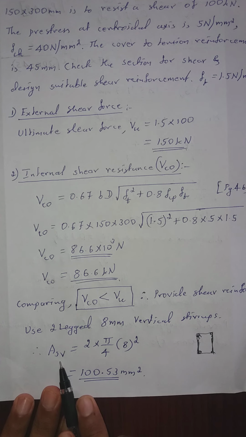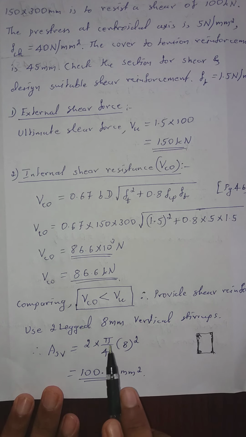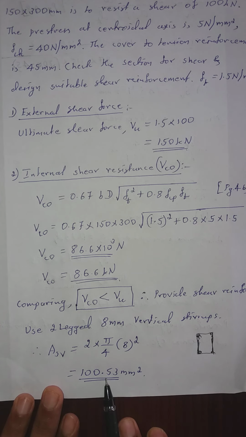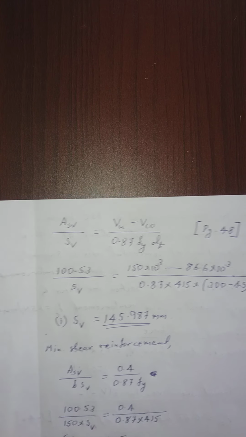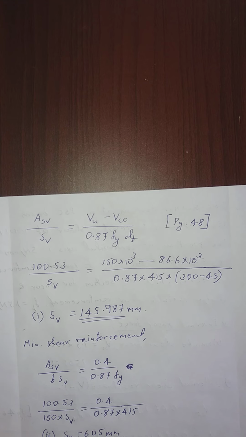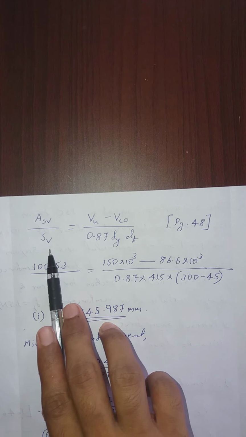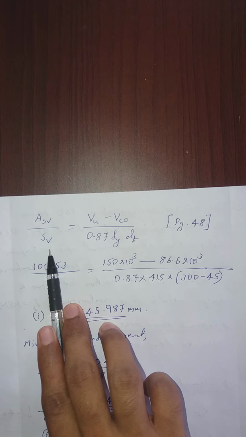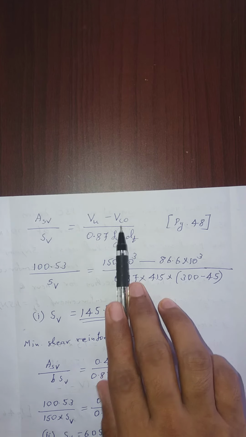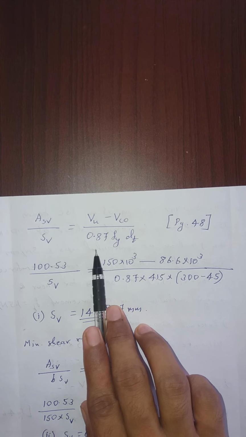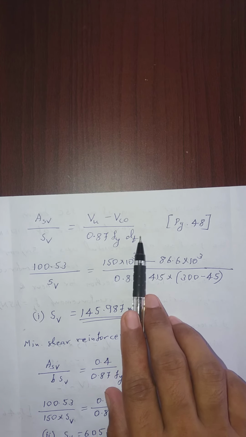So ASV you can calculate, the area of steel of the vertical stirrup. 2 into pi by 4 into 8 square, so you will be getting 100.53 mm square. Moving forward, ASV divided by SV is equal to Vu minus Vc naught divided by 0.87 Fy dt.